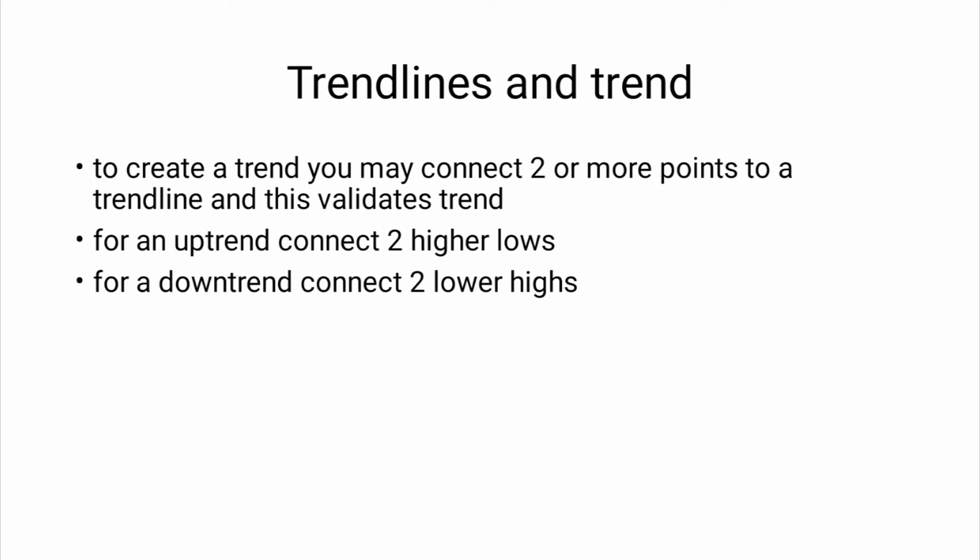If it is an uptrend, it has to form an initial point, a higher high and a higher low, and then you connect that initial lowest point to the higher low, and you form an uptrend. If it's a downtrend, you connect the lower highs.